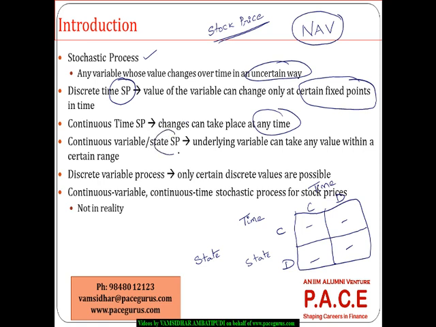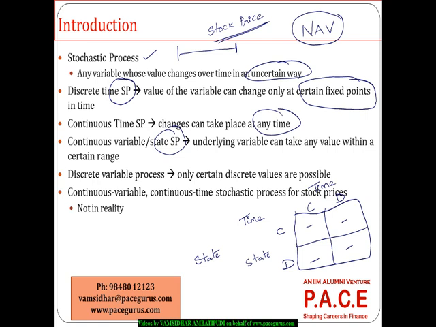Similarly, when you are talking of the state variable, if it can take almost any value in a particular range, to any decimal, any precision, then we call it continuous. But if it can take only a specific set of values, we call it a discrete variable process.